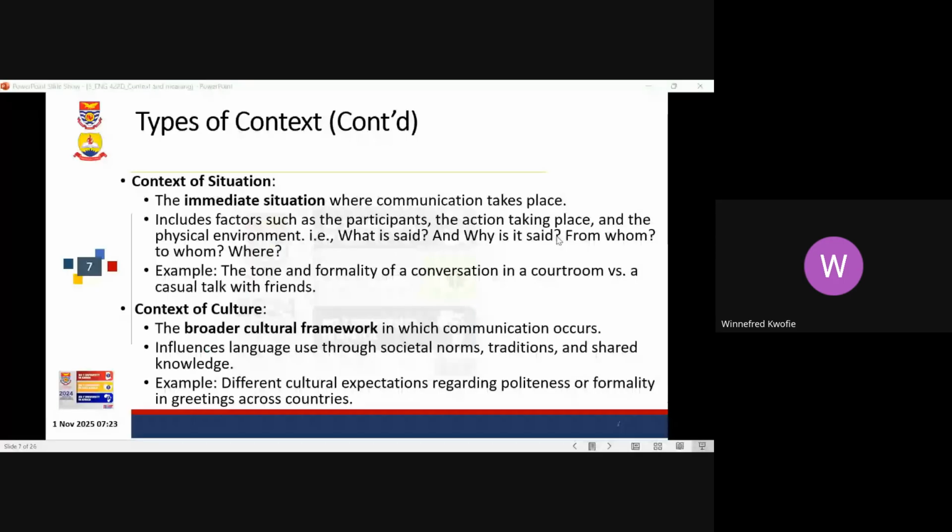On culture, they will be viewed as disrespect. In some parts of the world, they will view it as normal.